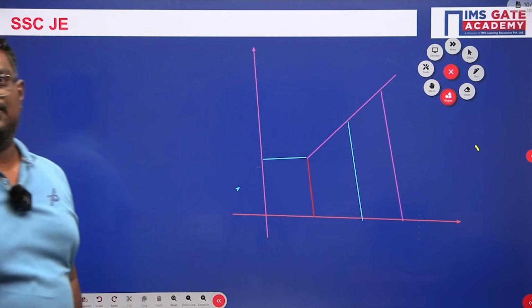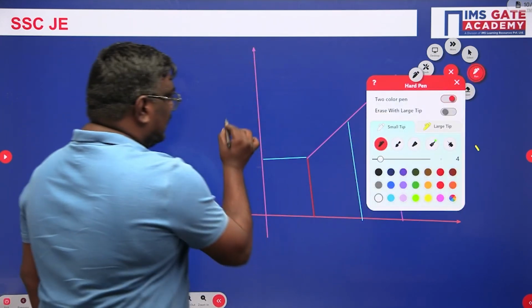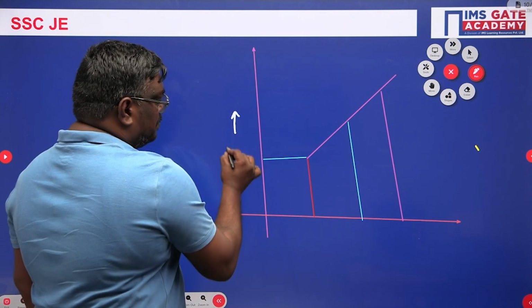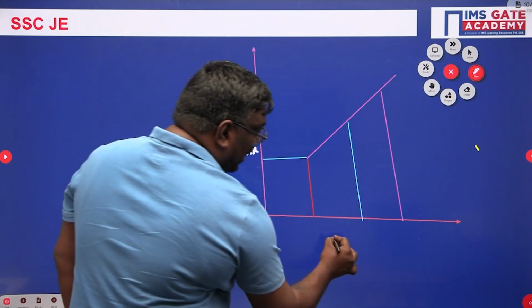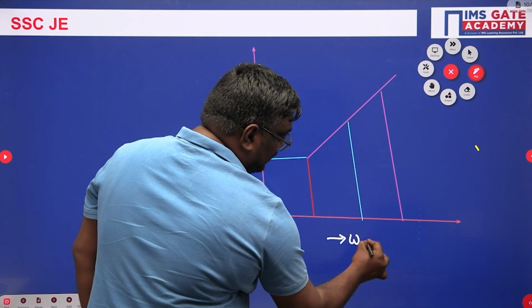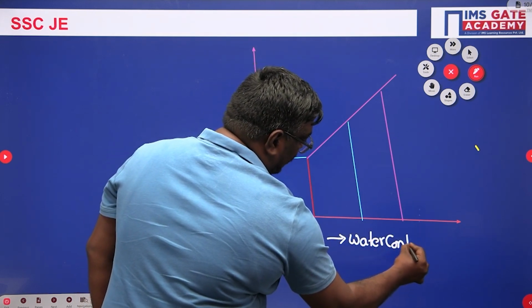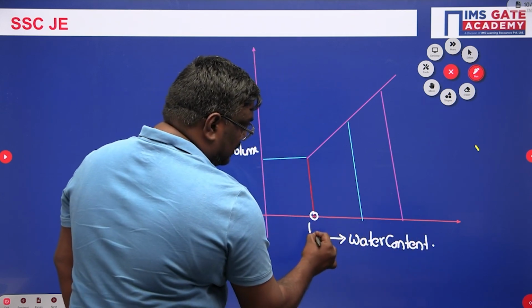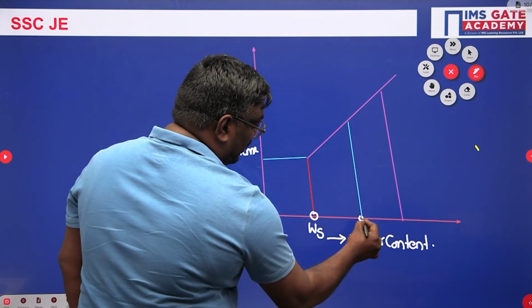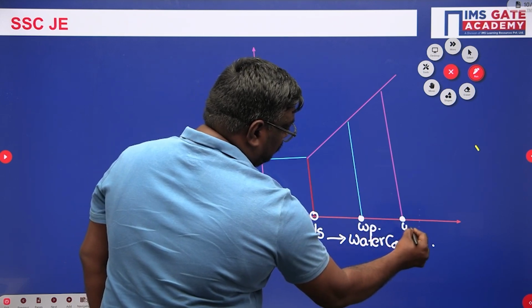Now see students, we have a chart like this. Here a graph is drawn between volume and water content. Here we call this point the shrinkage limit. This point is the plastic limit. These are called Atterberg limits.